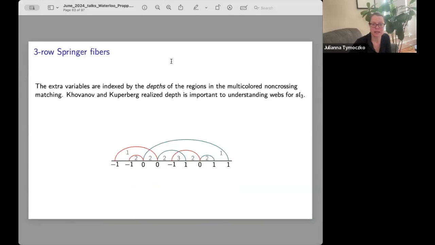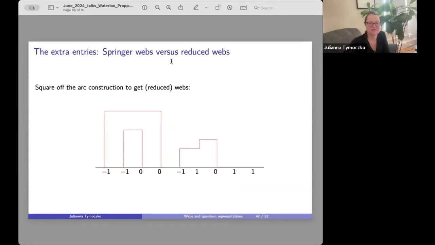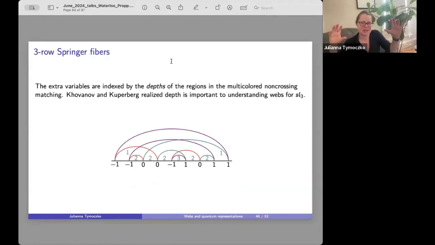So again, going back to depths, the purple color, that third color, is this depth map. So this depth color is independently identifiable as a third color, multicolored non-crossing matching.